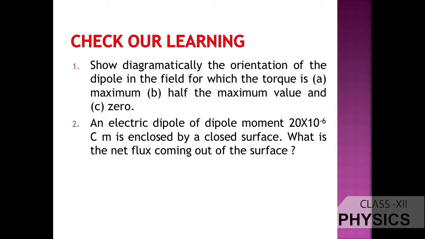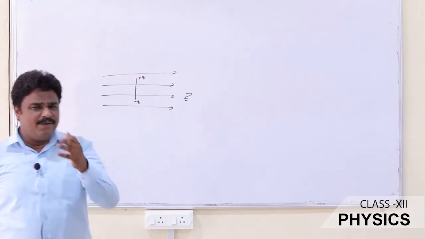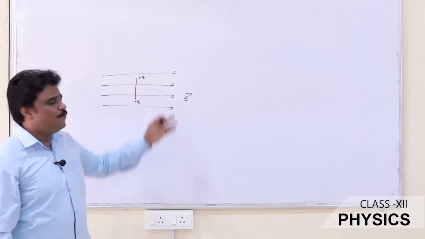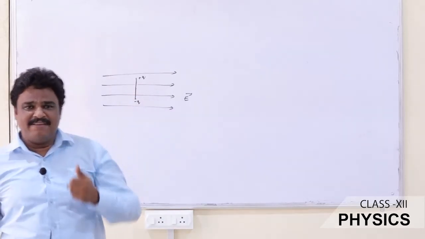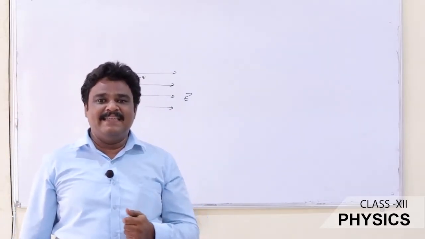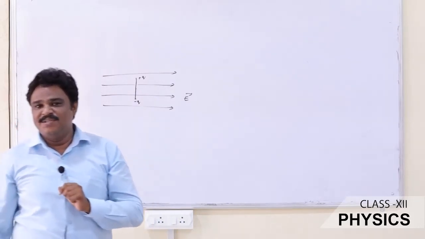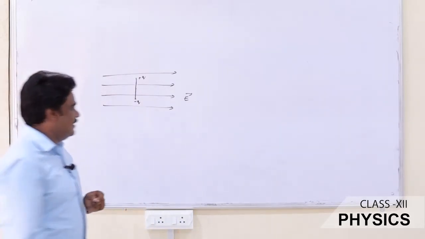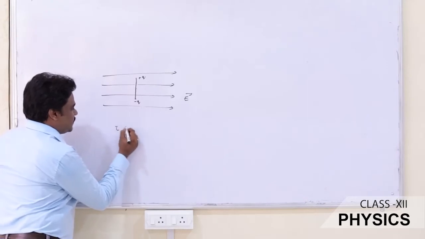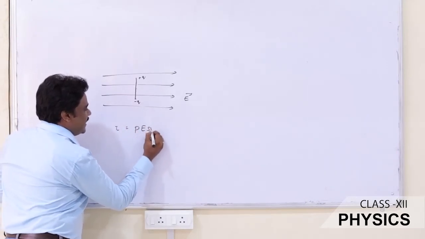Second question, in the same question they are asking what orientation corresponds to half the maximum value of torque. Now we know 90 degree corresponds to maximum torque. So we have a sense that 45 degree will lead to half the value, but it is not so. You have to check mathematically. You know tau is PE sin theta.